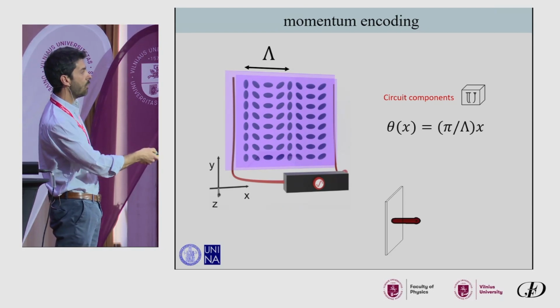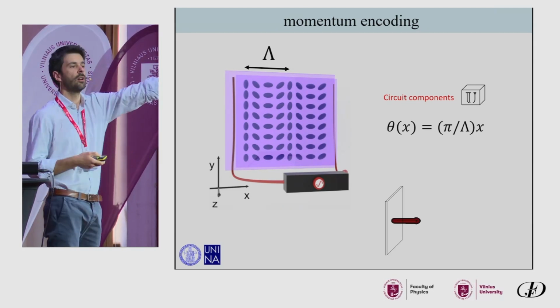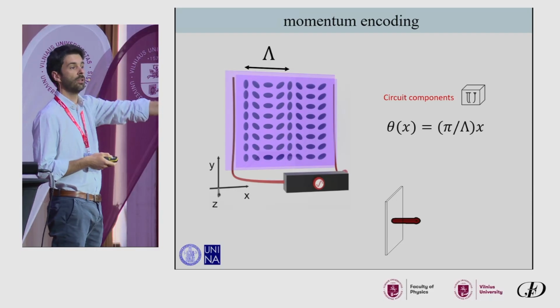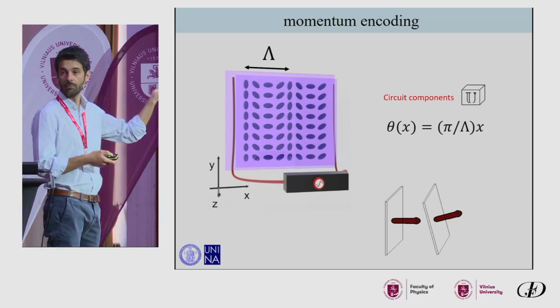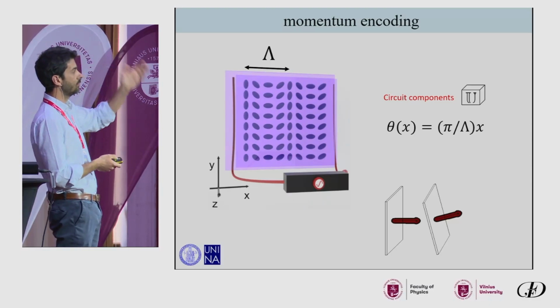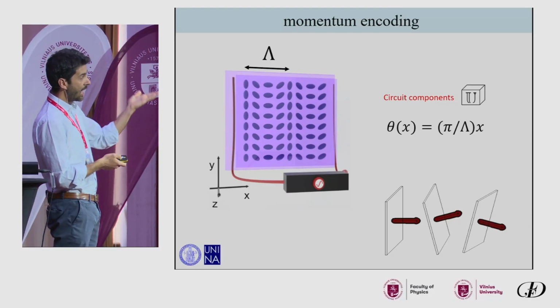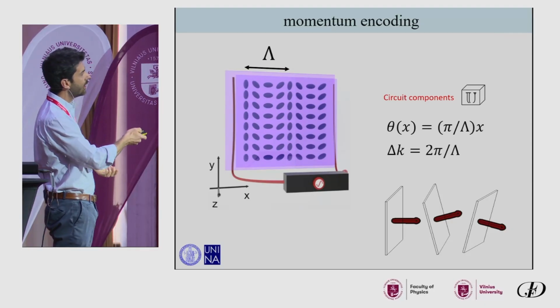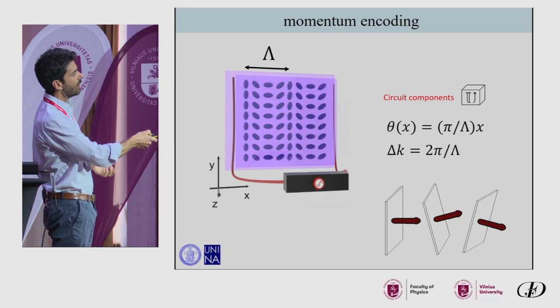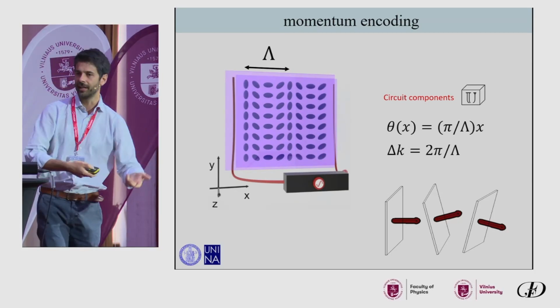Because if you take one of the modes, just take the first Gaussian beam, and you want to couple it to the neighboring ones, you go through one of these devices, and these are giving momentum kicks. You can give a momentum kick to the left or to the right, and you give the right kick if lambda is essentially 2 pi over the kick that you want to give.